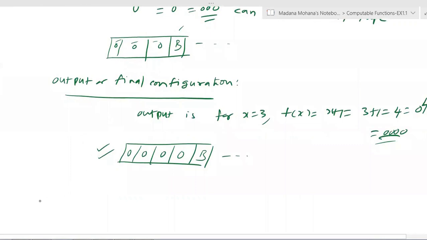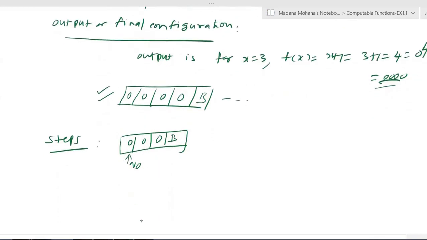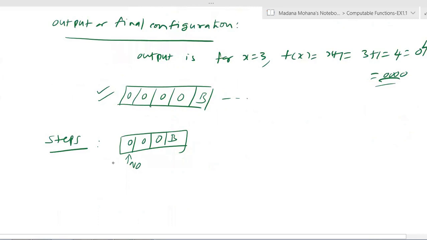So now let us take the steps. First, take the configuration, 3 zeros followed by a blank symbol. Now the finite control will be at state Q0, and the read/write head will be positioned at the leftmost bit of the argument. Here only one argument is there. So step 1: skip all zeros until the first blank is found.